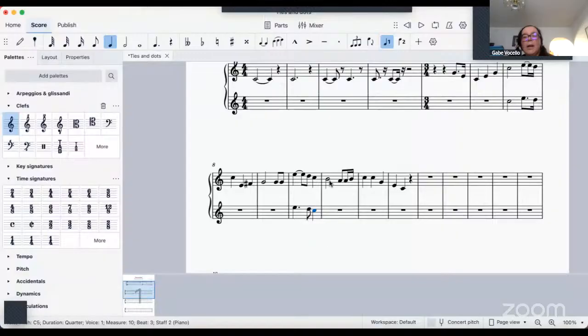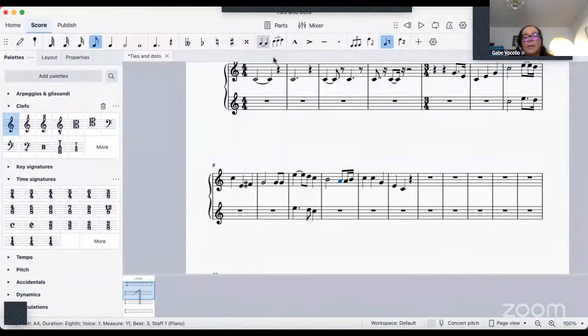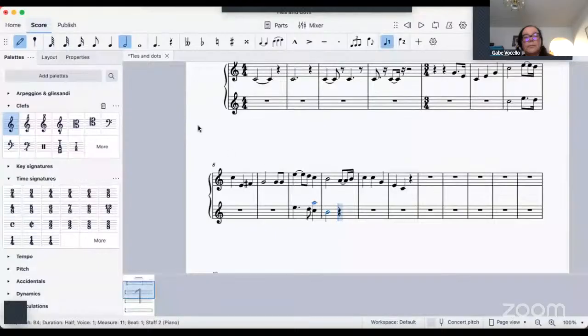Another tie here. So here we have one eighth note tied with the 16th note, which is a dotted eighth note.